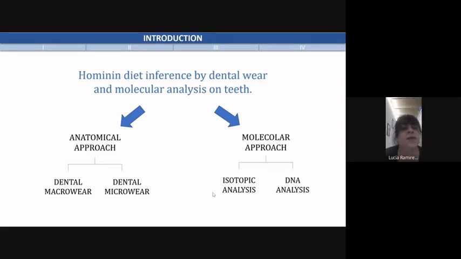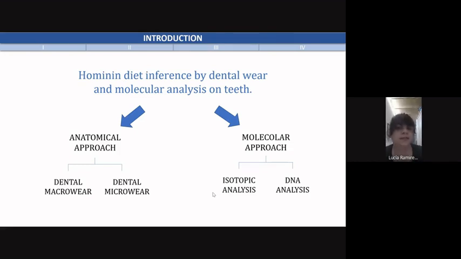Then we have the molecular approach, in which we have the isotopic analysis, which allows us to know about the diet through determining the isotopic ratios. And then the DNA analysis studies the dental calculus.